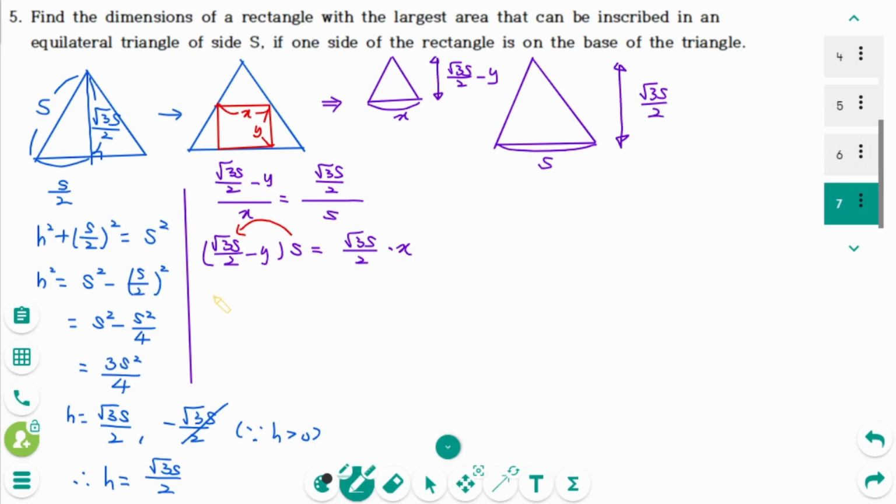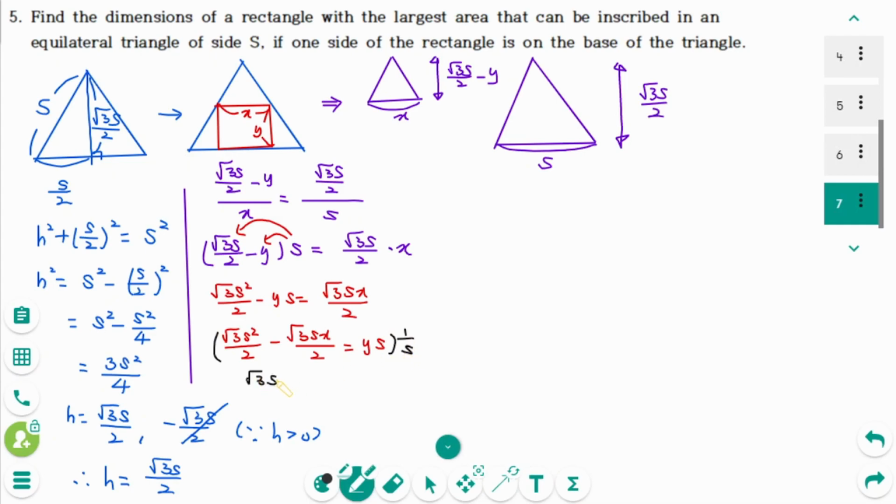Then expand. Square root of 3 s squared over 2 minus ys equals square root of 3 sx over 2. Then we can rewrite as square root of 3 s squared over 2 minus square root of 3 sx over 2 equals ys. Then times 1 over s on each side.